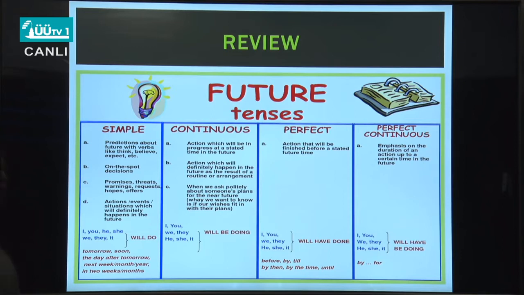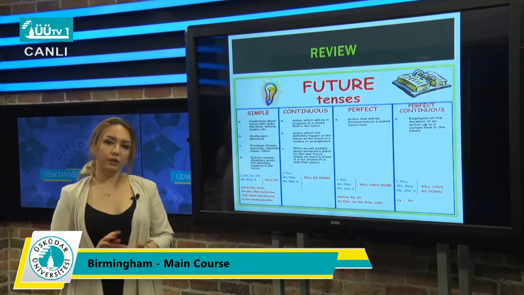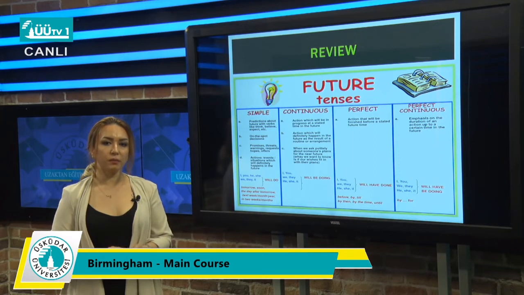Another one, which we don't have on this table, is using to be going to. I'm going to talk about that. We have another thing that we decide on doing something from the past. For example, in summer, I want to go to Bursa.